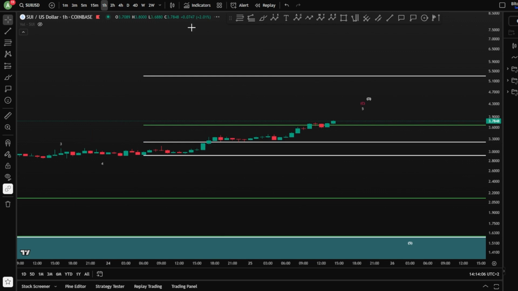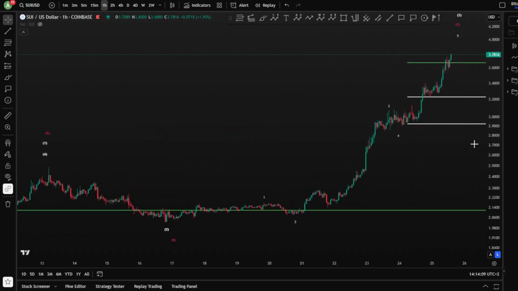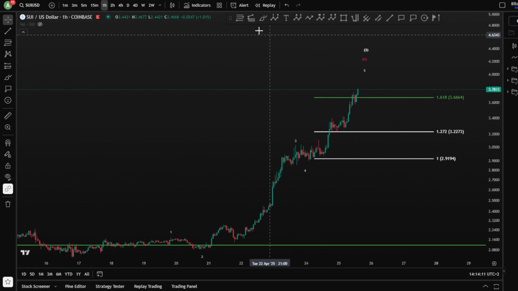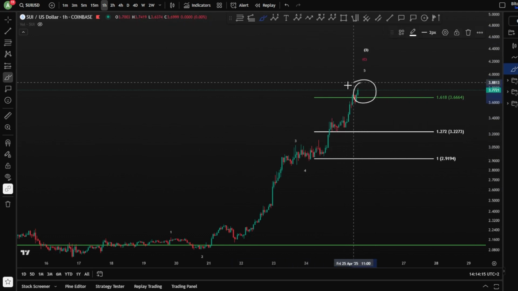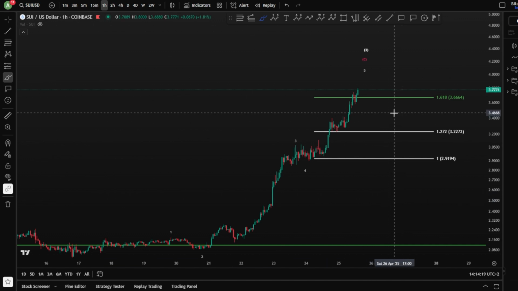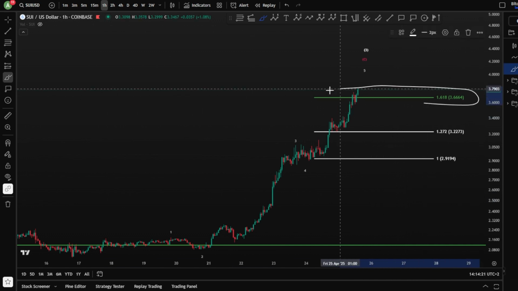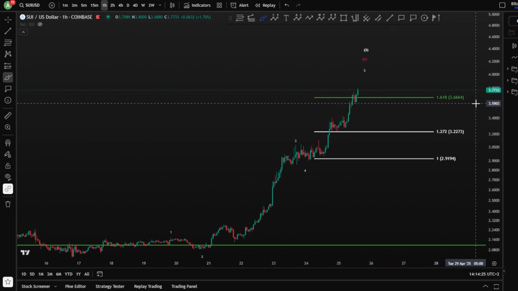I wish that I could help you much more with some targets here, but it's not really possible, because you have to be careful where you start to see some weaknesses. For me, as a personal trader, when I get this trade here, I just get out. I'm not a greedy person.